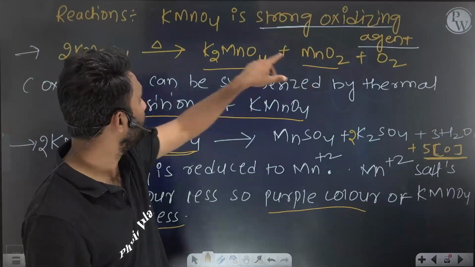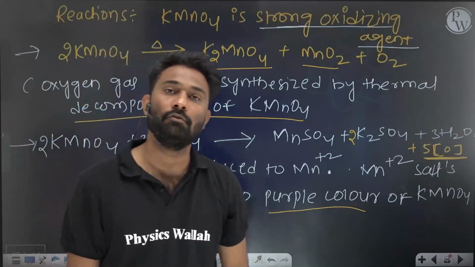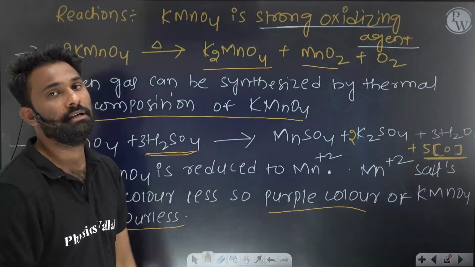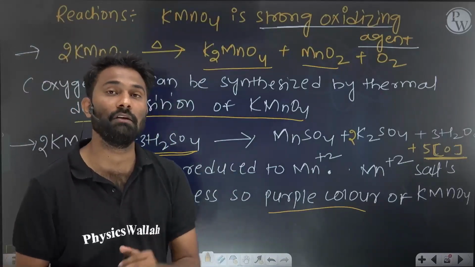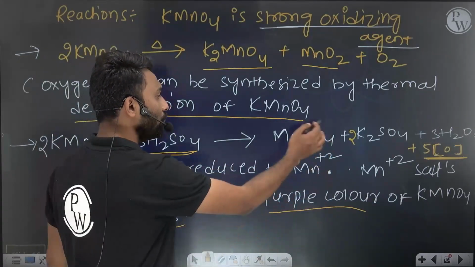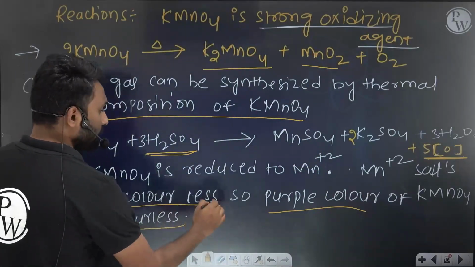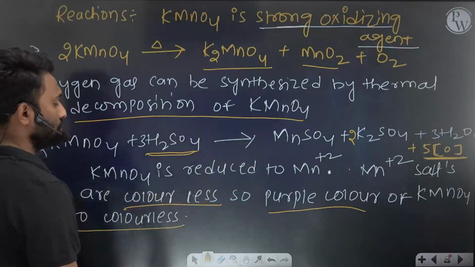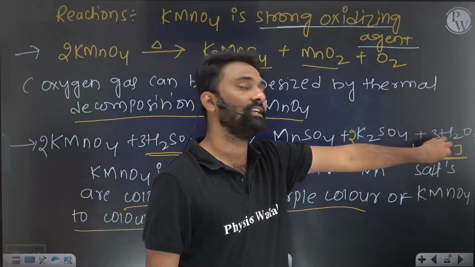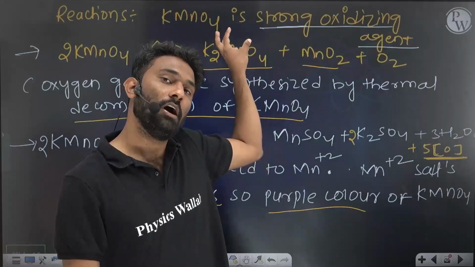Now when KMnO4 reacts in acidic medium, the purple color of KMnO4 disappears to colorless, because Mn plus 2 salts are colorless. This nascent oxygen is responsible for the oxidation.